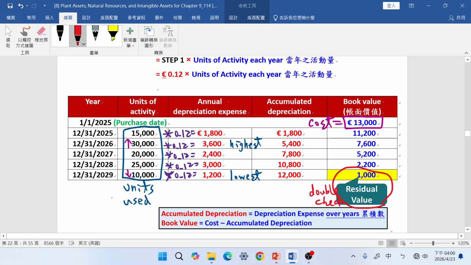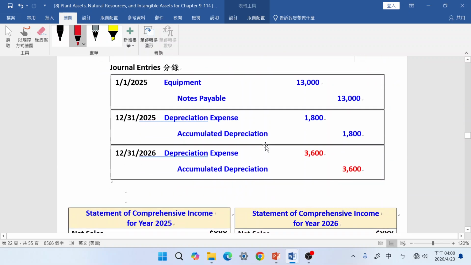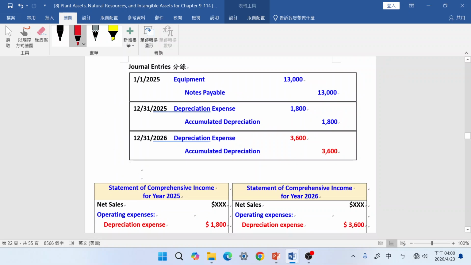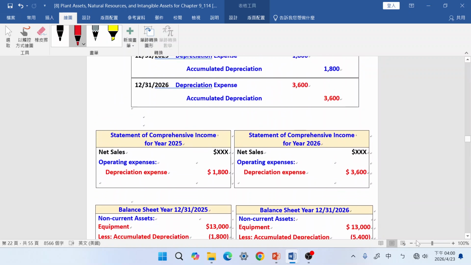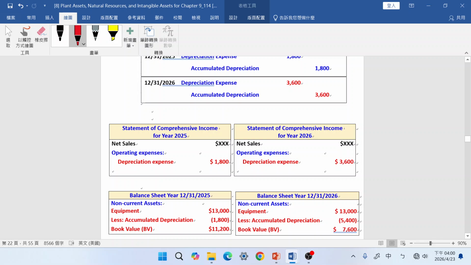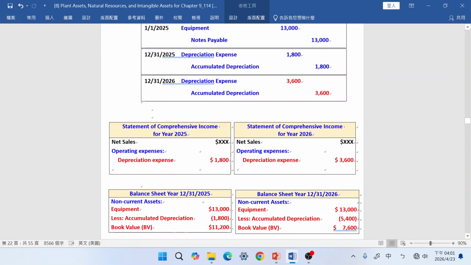So if you want to double check your financial statements, if you don't have any questions, you are free to go. It's okay.